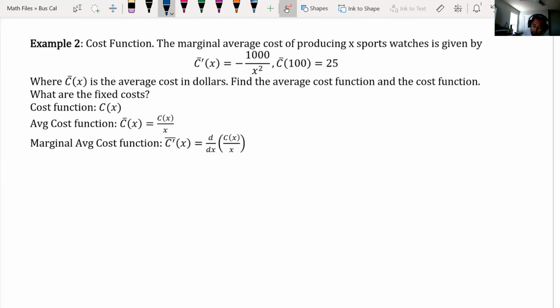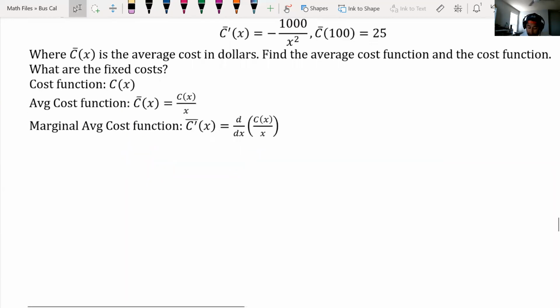So C bar prime of x is the derivative of the average cost function. Our goal is to use the antiderivative today to go from C bar prime back to C bar of x, because it says find the average cost function. So that's what we're going to do first.